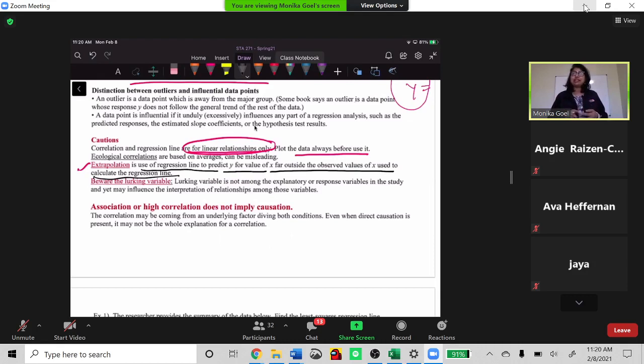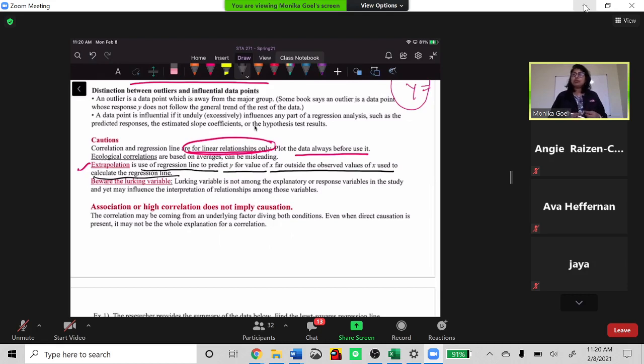The second thing is that there are so many other factors that are not in your study. You are just talking about age and height, but there are many factors not in your study that are affecting your response. We call those lurking variables, also called hidden variables.